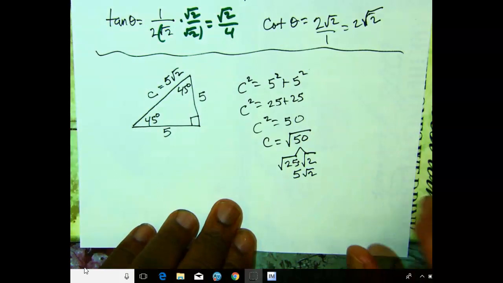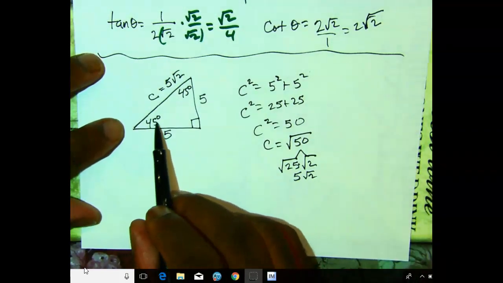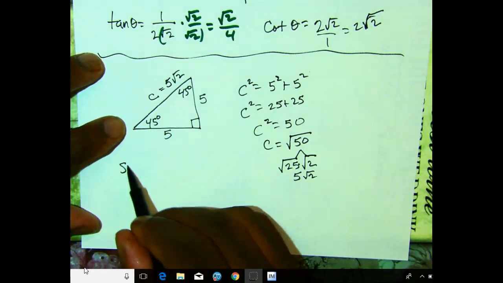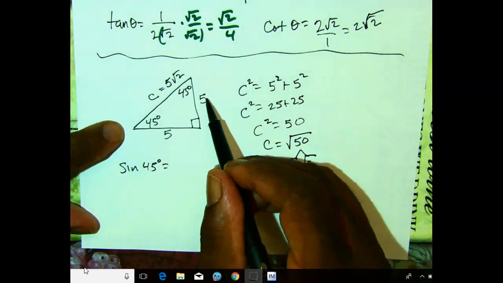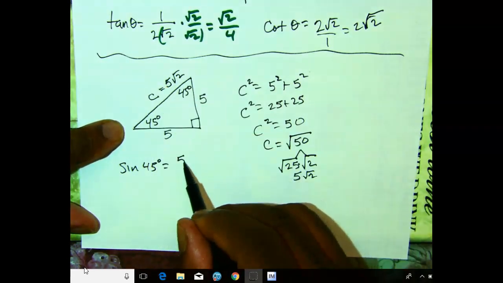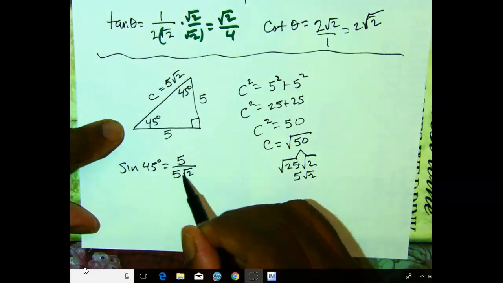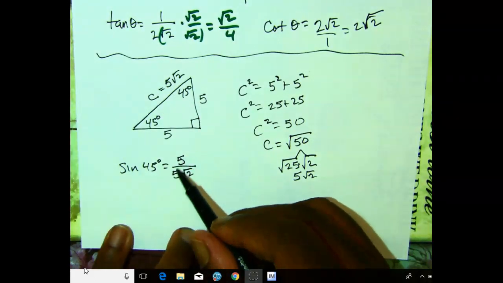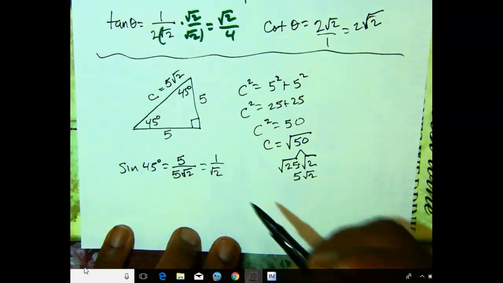Okay, so the sine of 45 degrees is going to be opposite divided by hypotenuse. So that's going to be 5 divided by 5 square root of 2. So 5 divided by 5 is 1, so that's 1 over square root of 2.